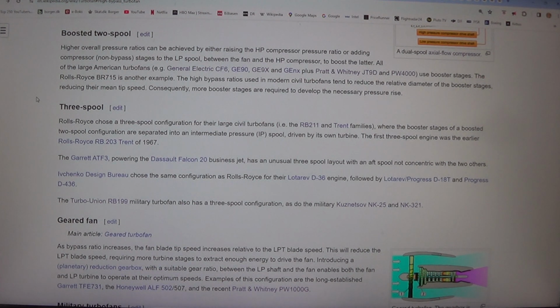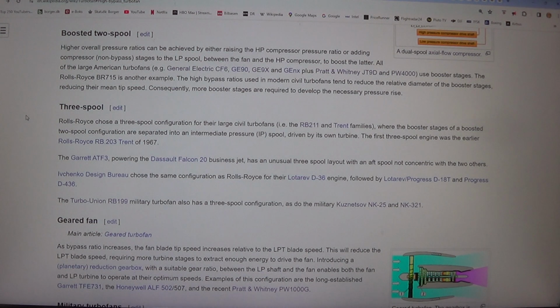The Rolls-Royce BR715 is another example. The high bypass ratios used in modern civil turbofans tend to reduce the relative diameter of the booster stages, reducing their mean tip speed. Consequently, more booster stages are required to develop the necessary pressure rise.